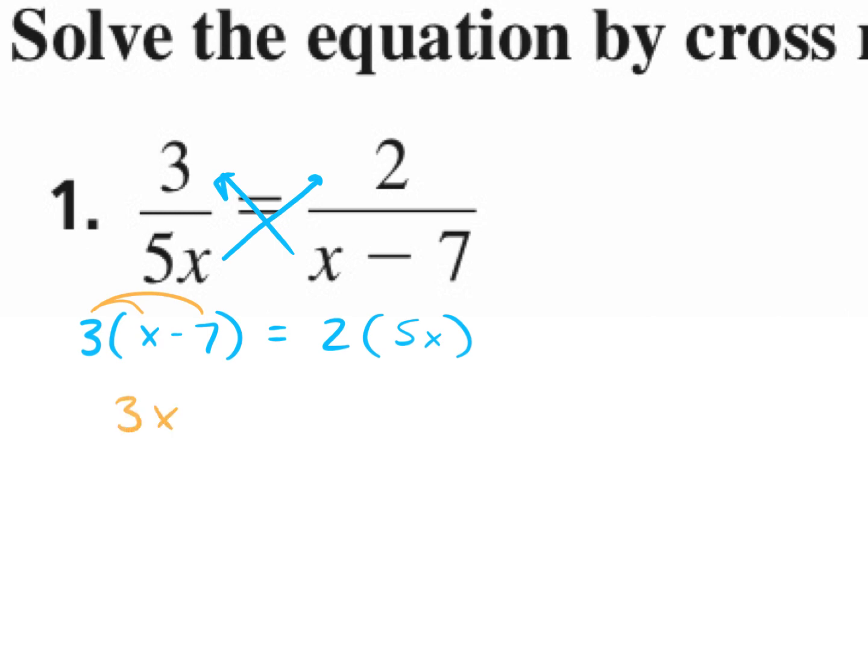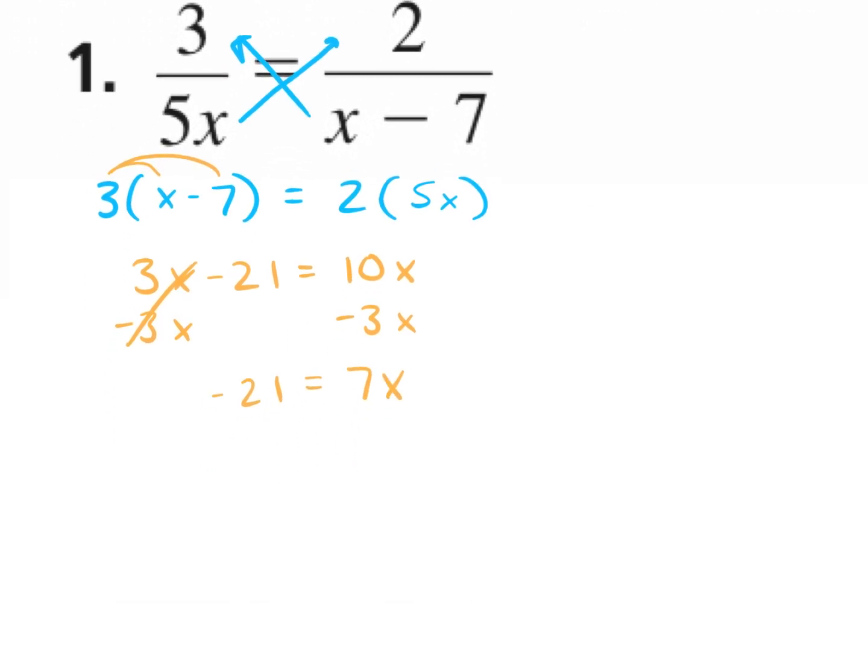So I have 3x minus 21 is equal to what? 10x. Perfect. I'm going to move the 3x to the other side, so I'm going to subtract the 3x. So I have negative 21 is equal to 7x, and then what's the last step? Divide by 7. So what does x equal? Negative 3. Perfect.